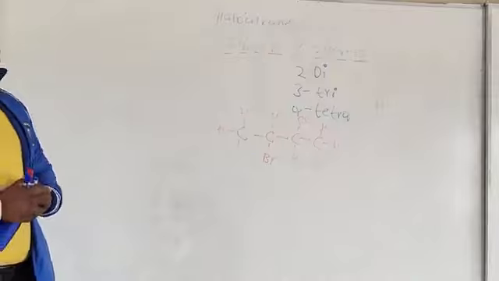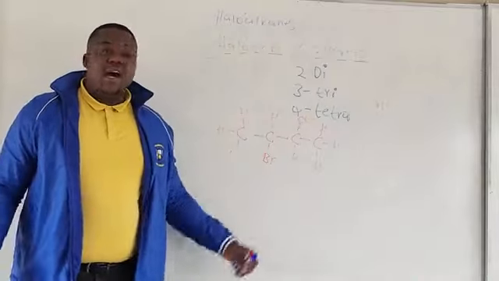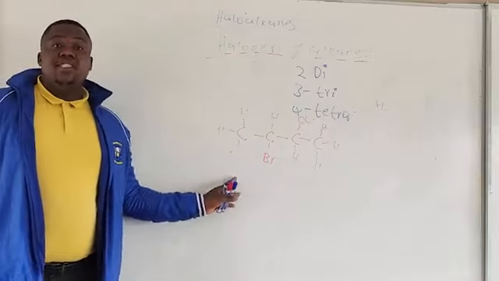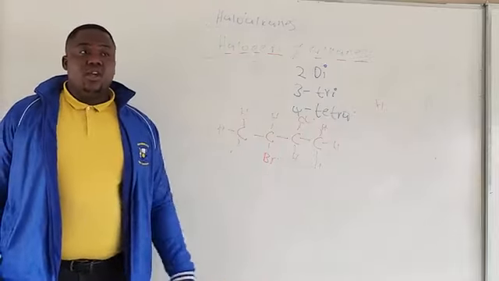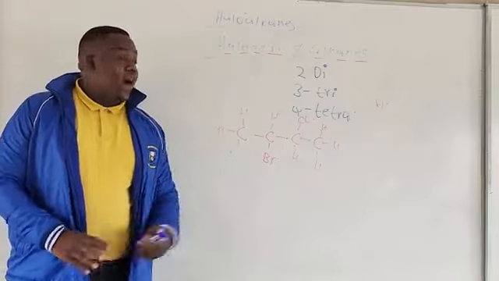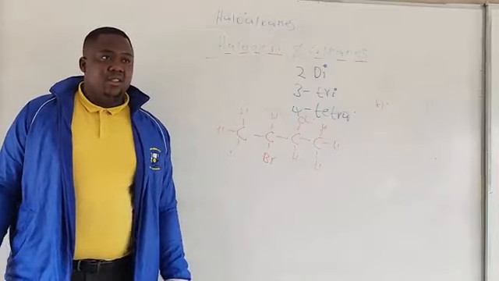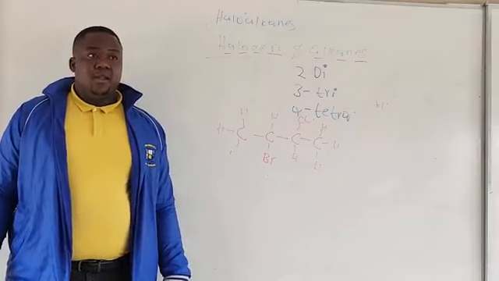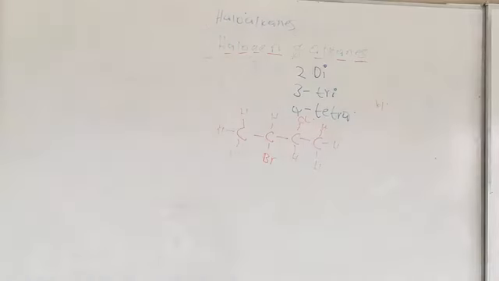Hey, it's a problem. Look, we have Cl and Br. Yeah, it's tough. Are we going to call it a di something? No. We can't call it a di something, right? There are two, but they are different names.